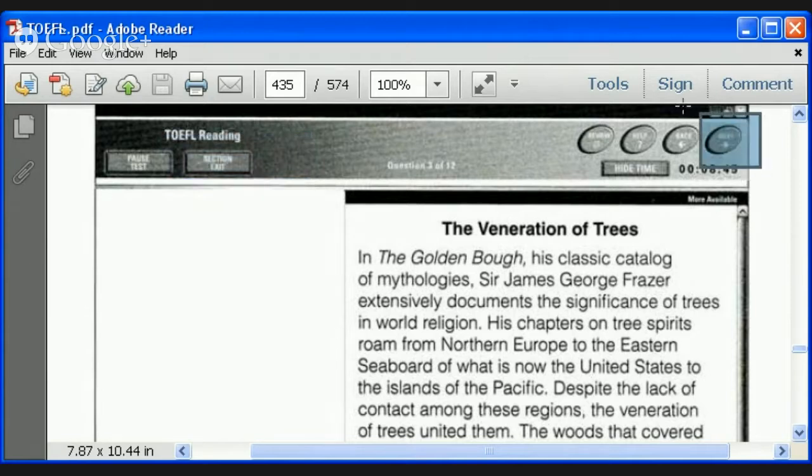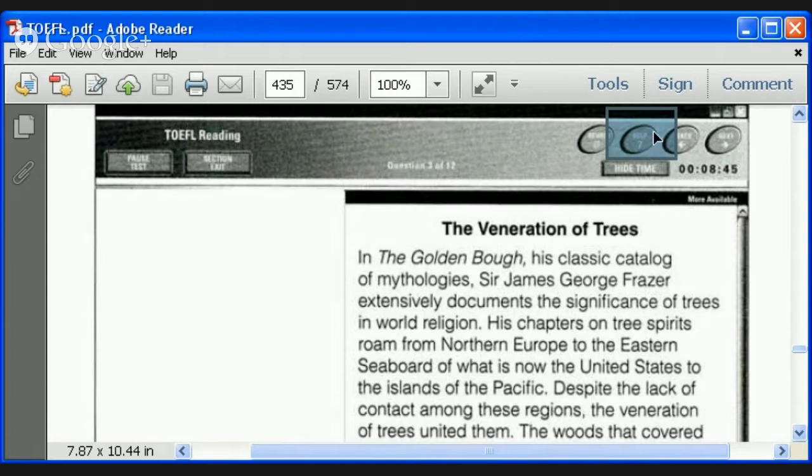Next and back, you can basically scroll forward to the next screen or backward to the previous screen. You have a help button. My advice here is if you need help on the TOEFL test, you shouldn't be in the TOEFL test to begin with, because you should know what's going on before you ever spend your money to take this exam.